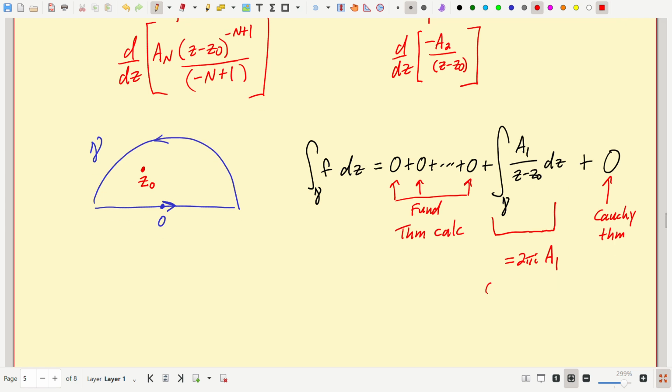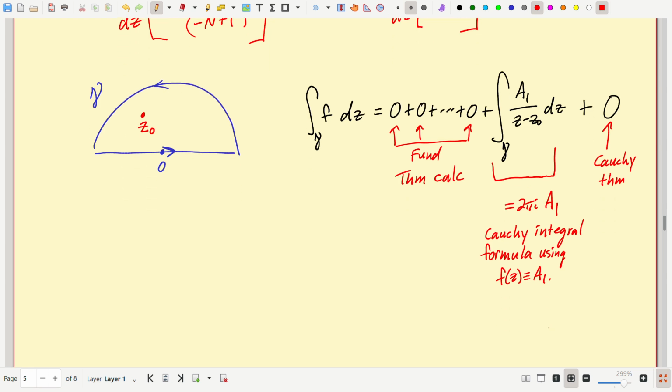So this is the Cauchy integral formula using f of z was a1. And so we get the thing is 2 pi i times the residue.